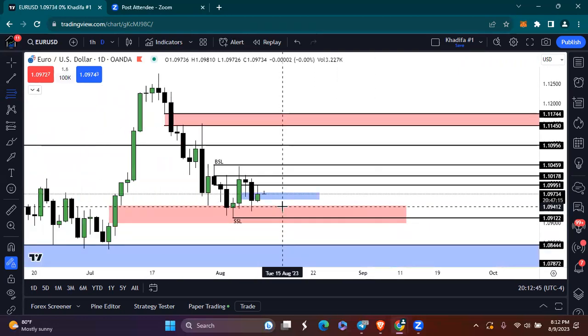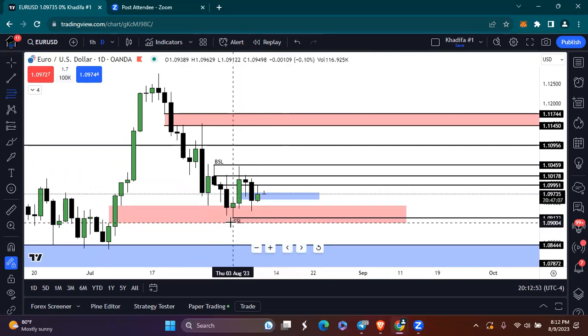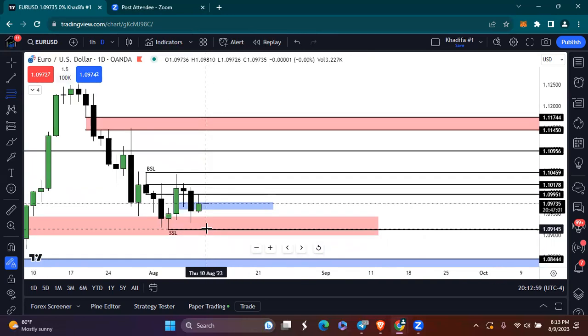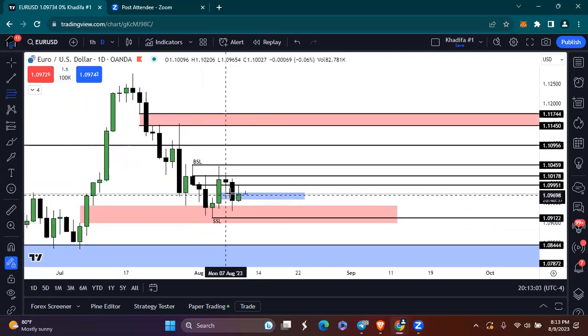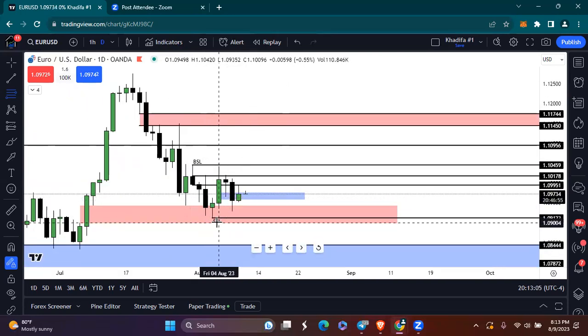So if the dollar does indeed continue to push up to run that buy side liquidity, then our eyes are on Euro USD's sell side liquidity, of course. That's my bias. I would like to see us run sell side liquidity.